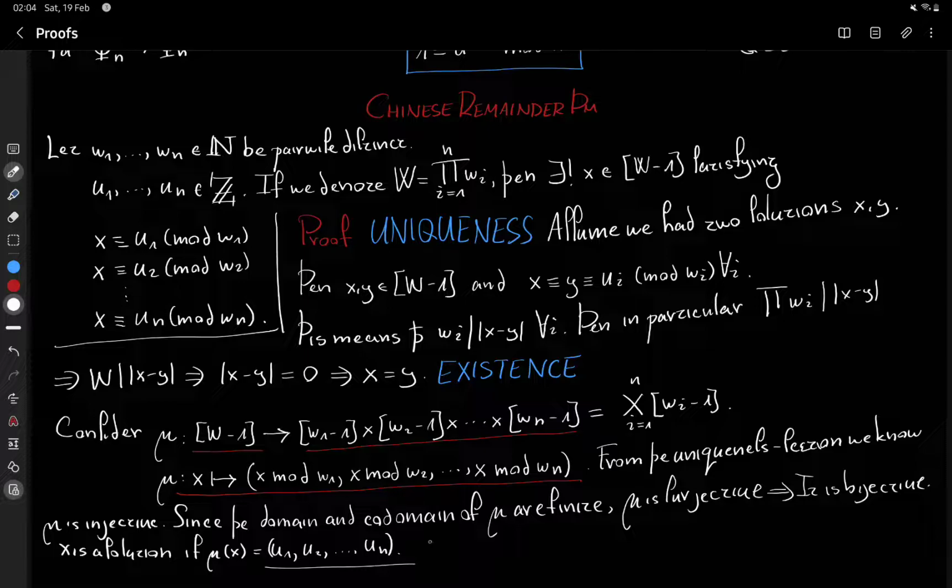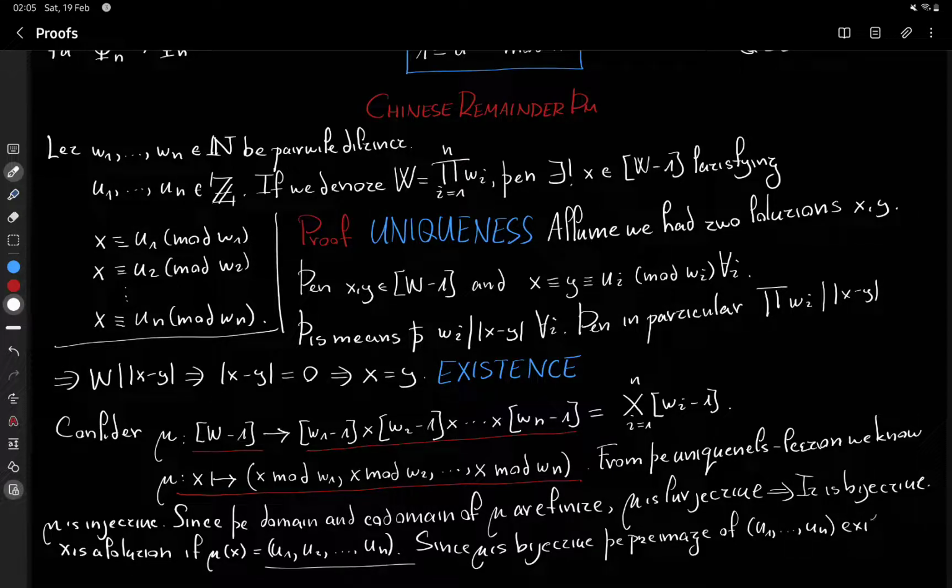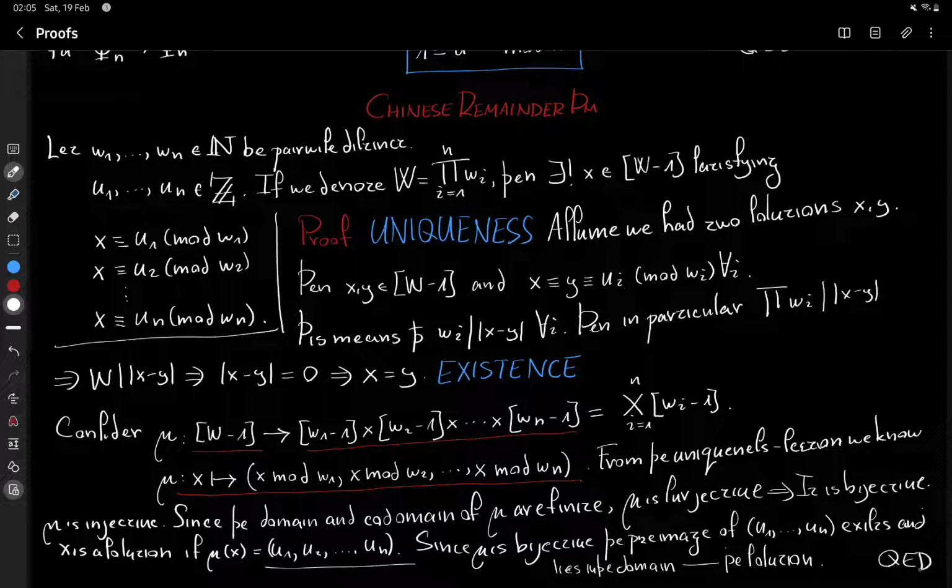And this means that since mu is bijective, the preimage of (u1, ..., un) exists and lies in the domain, the solution. And this concludes this rather beautiful proof.